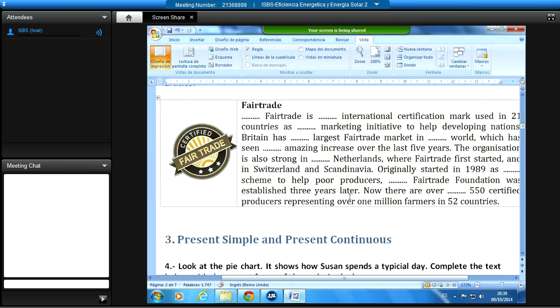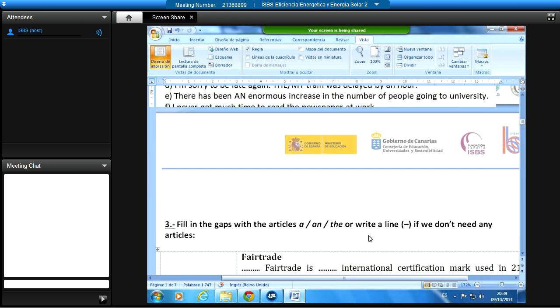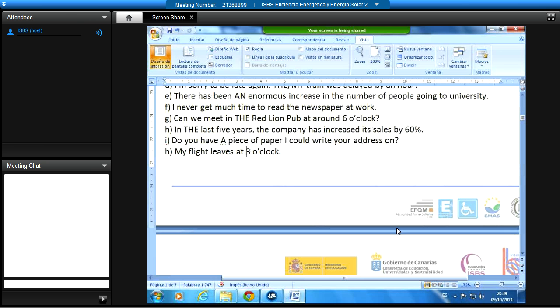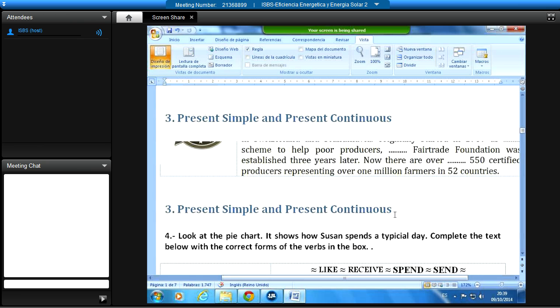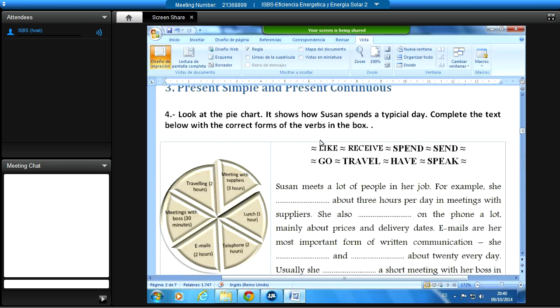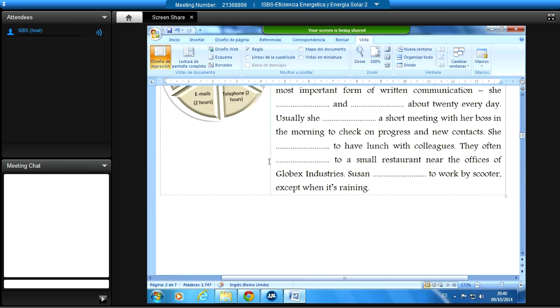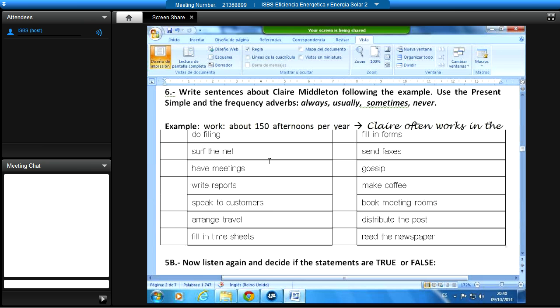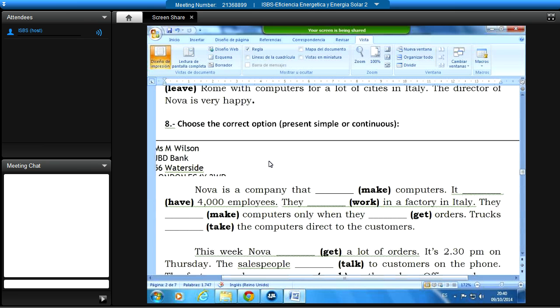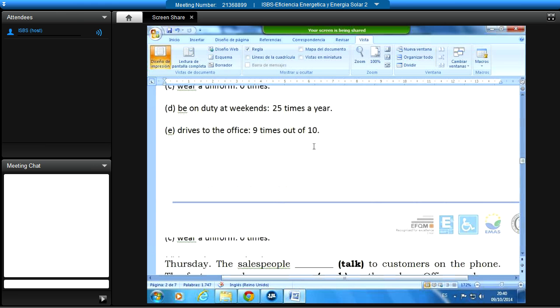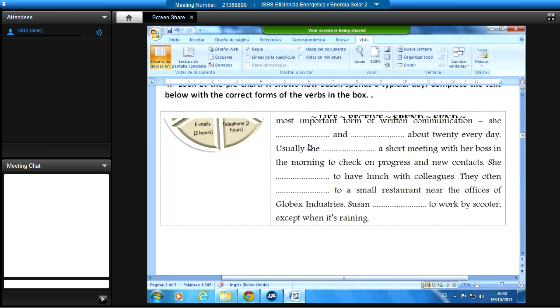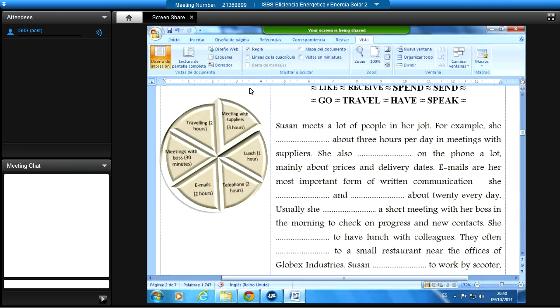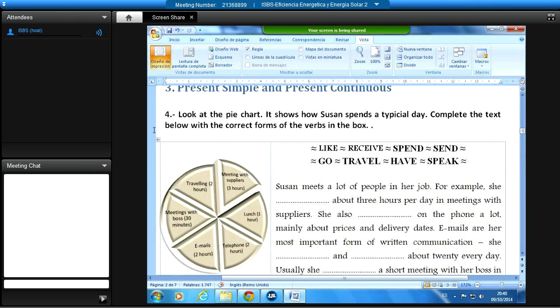We can omit this one. You can do this at home if you like, because it's again about the same, about the article. So let's do this one about the routine here, and then we will do a listening, okay? So try to do this one now.